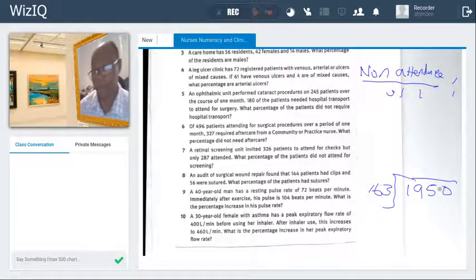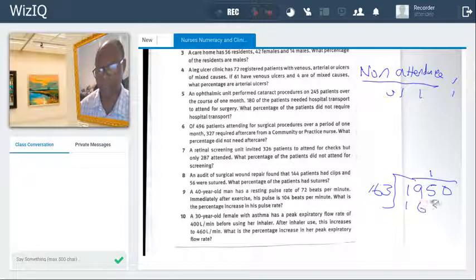Okay, so 163 into 19 doesn't go. Into 1995 is 1. 1 times 163 is 163. Okay, if we subtract this, we'll have 5 take away 3 is 2. 9 take away 6 is 3. We drop 0. Okay, so if we drop 0 here, we have 163.